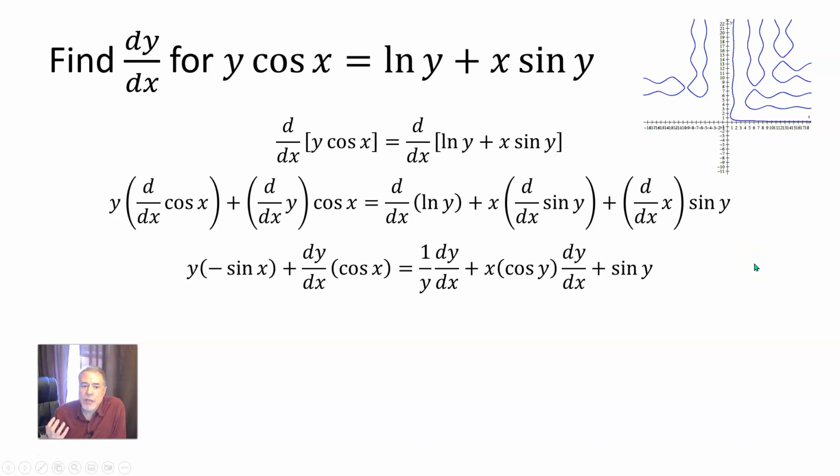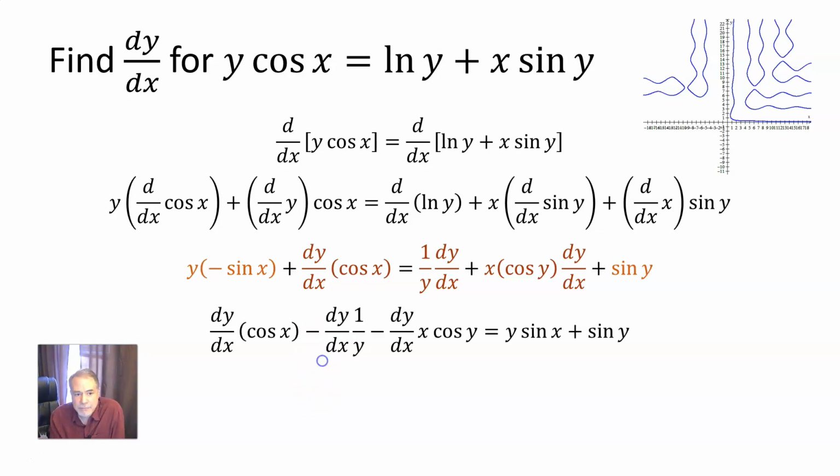Now, if we want this solved for dy dx, look at all the terms here and notice that some of those terms involve dy dx and some do not. And so I want to rearrange things so that on one side of the equation, we have all the terms that do involve dy dx, and on the other side, we have all the terms that do not involve dy dx.